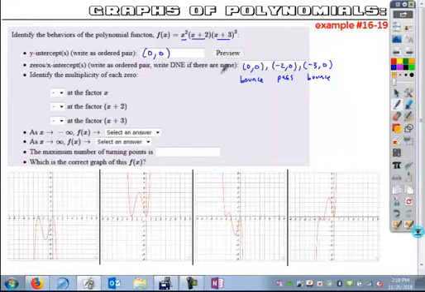Okay, now each of those actually helps you answer the multiplicity. So the factor of x has a multiplicity of 2. The x plus 2 has a multiplicity of 1. And x plus 3 has a multiplicity of 2. Right? And so you can identify that information there.